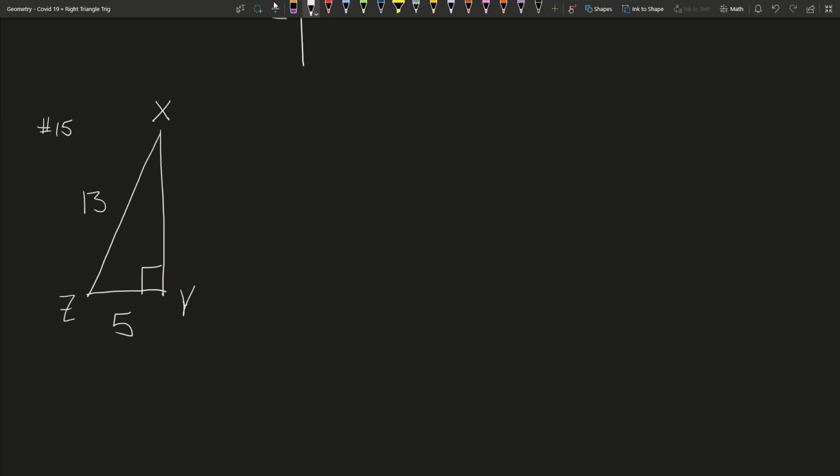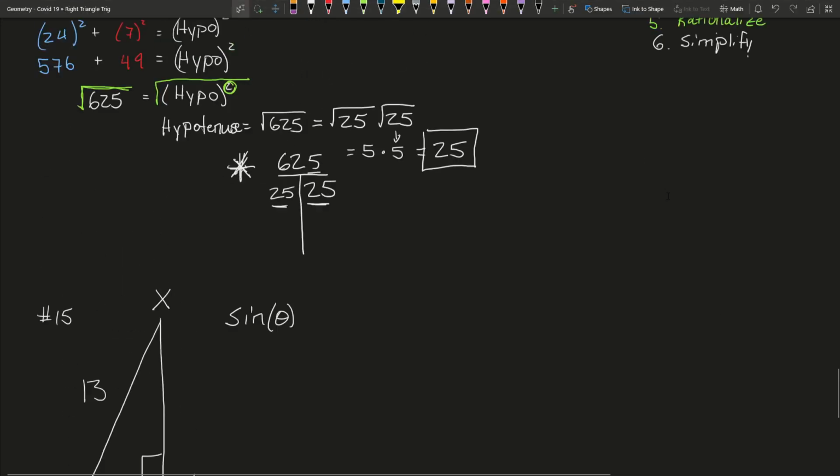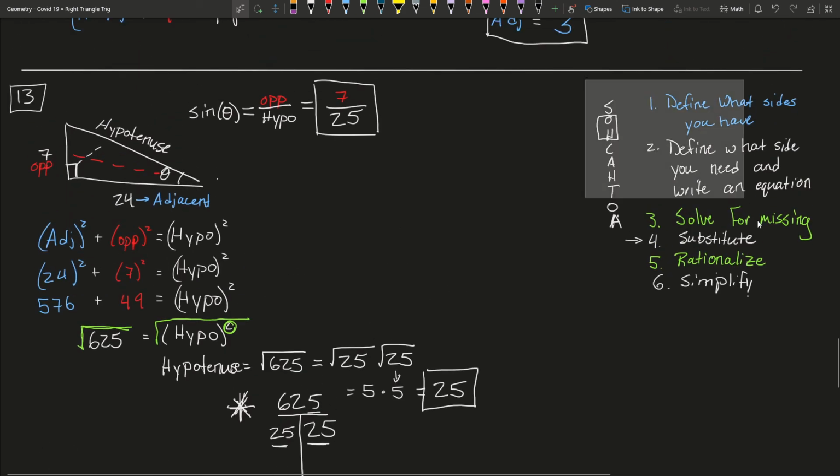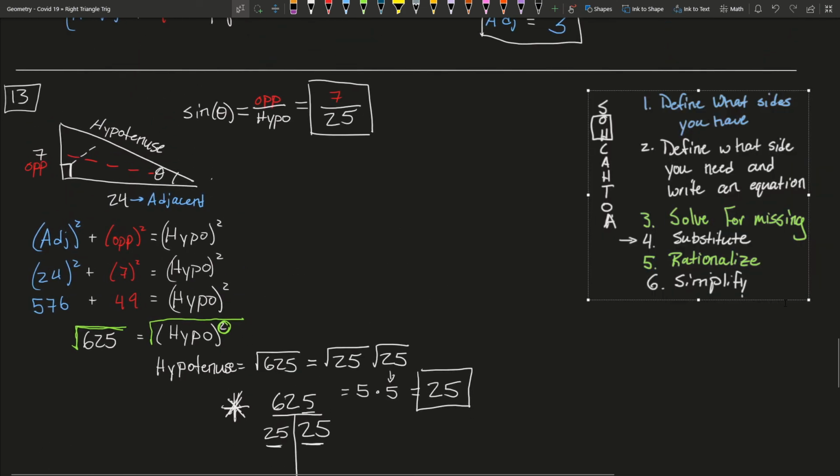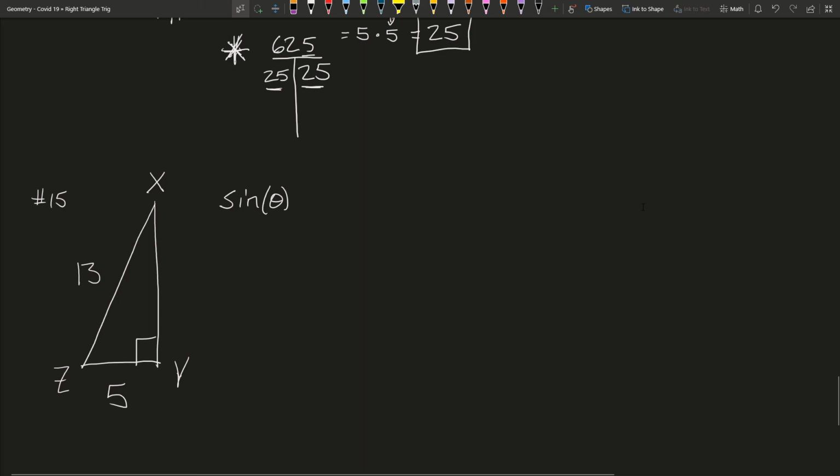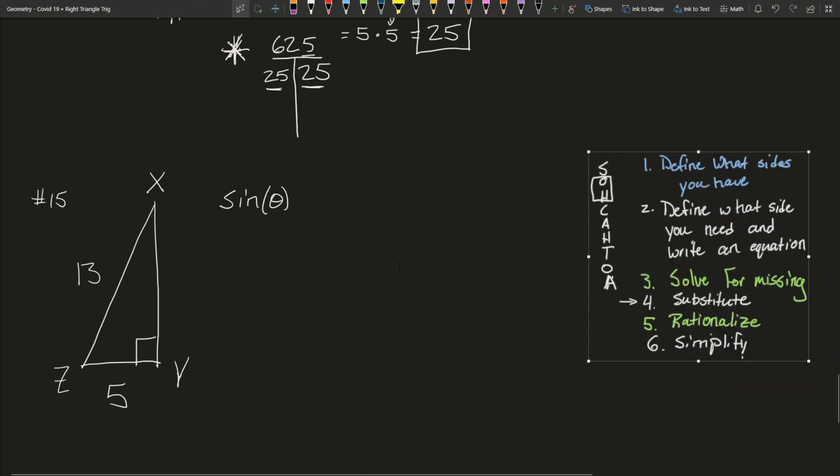Okay. So in this problem, we're trying to find the sine of theta. And again, the first thing we should do is just identify what sides we actually have.